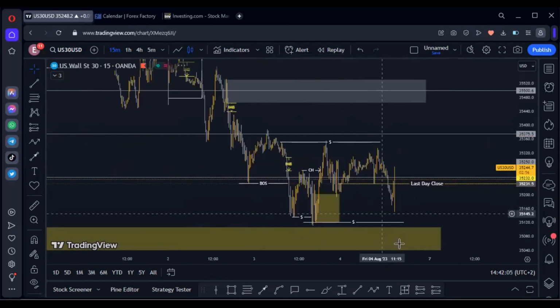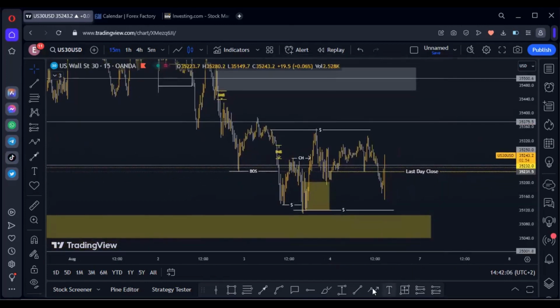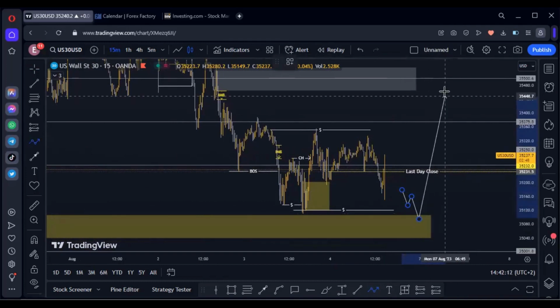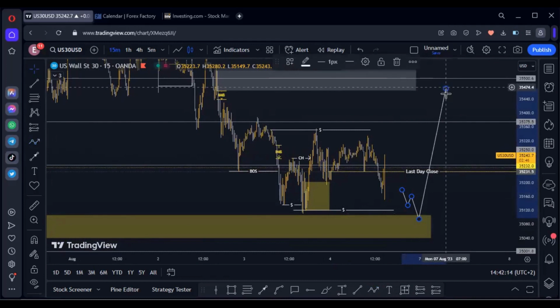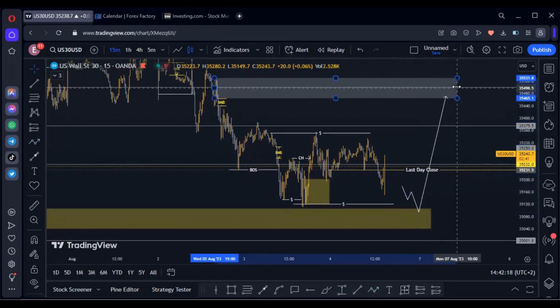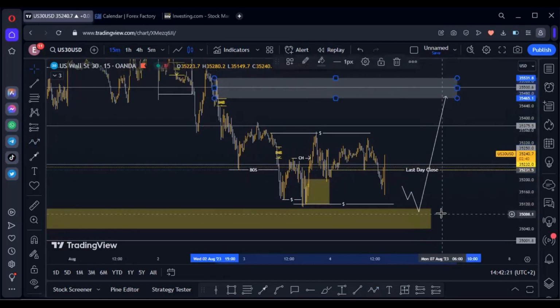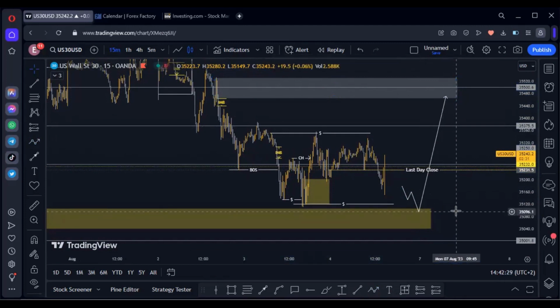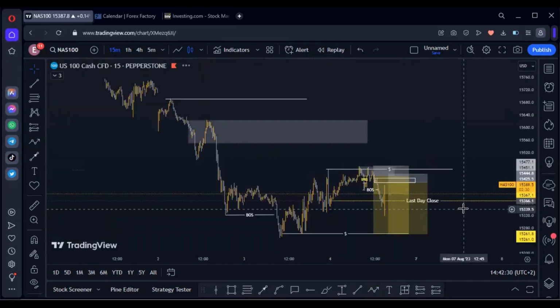In the grand scheme of things, this would be the setup we are looking at as far as Dow Jones is concerned. Let's see if we can get to 35,500 once we've tested 35,100, and then we can push up.